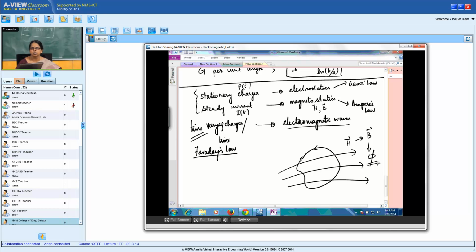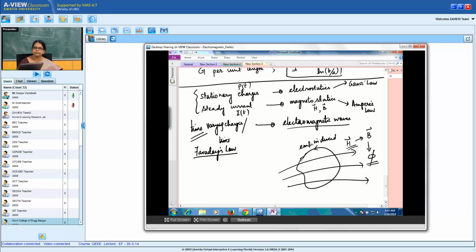Now if this flux changes with time, or in other words I can say the magnetic field changes with time, then there is EMF induced in the conductor.